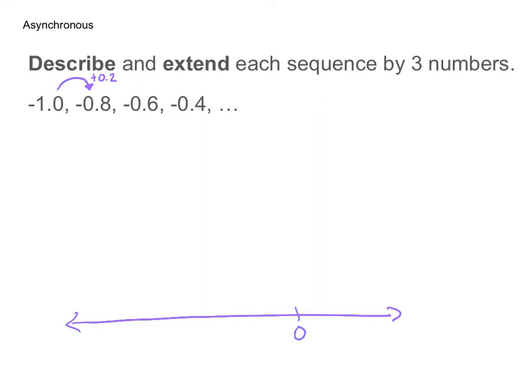Here's 0. This would be negative 0.2, negative 0.4, negative 0.6, negative 0.8, negative 1.0, right? So each time we are adding 0.2, okay?